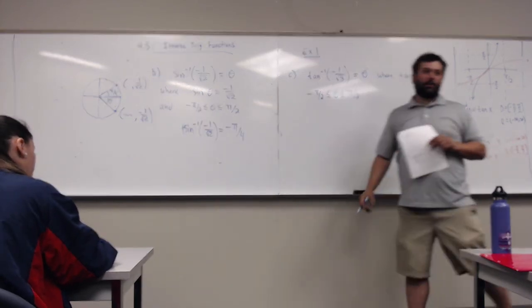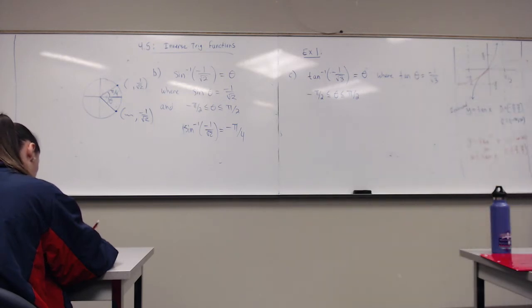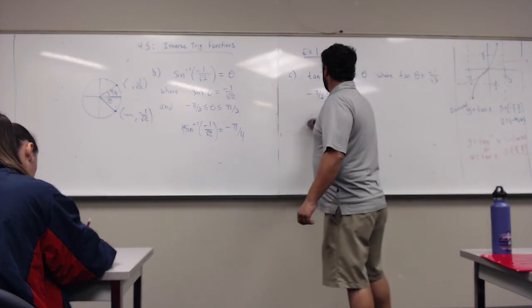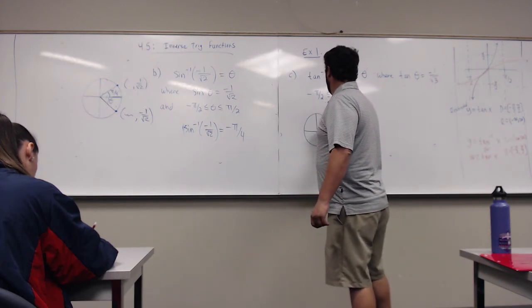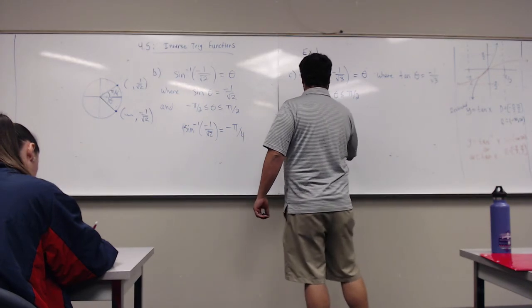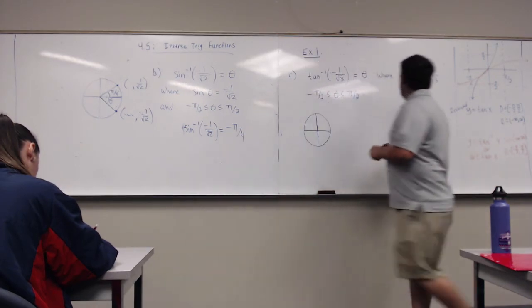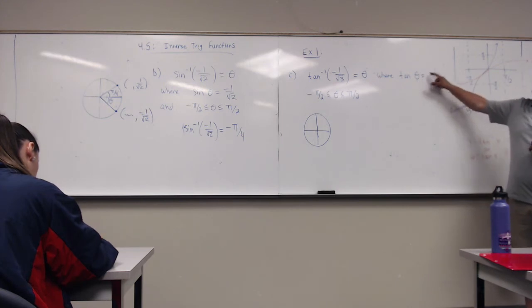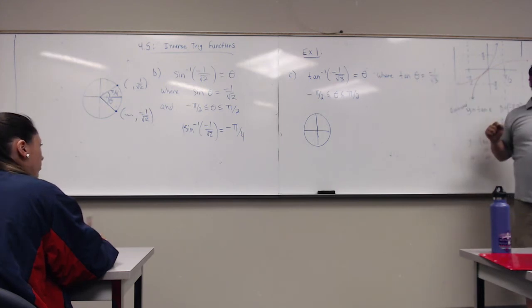That angle has to be between minus pi over 2 and pi over 2. So I claim tangent of an angle is always the slope of the terminal side of the angle. Okay? That's another way of thinking of it.